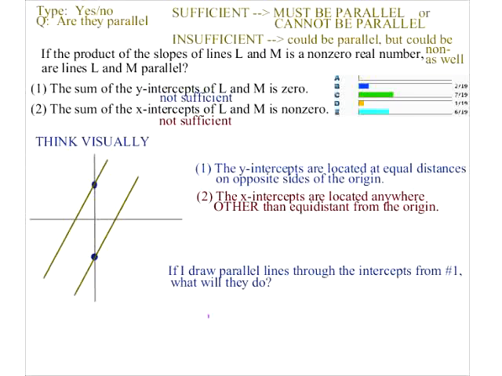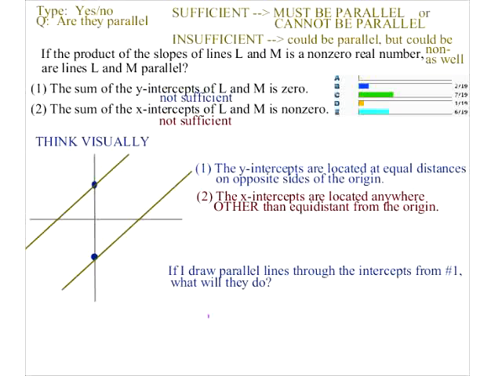What's fascinating here is that just making that sum non-zero, you still have the same situation going on, where this x-intercept and this x-intercept are going to have to be opposites. No matter what you do with those lines, this will absolutely happen.